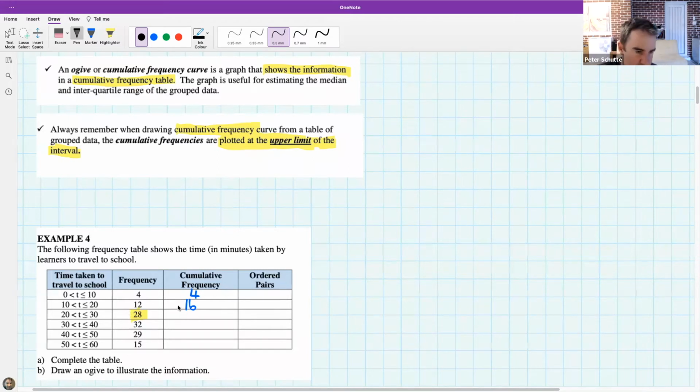So what I was thinking is, shouldn't we add 16 and 28 together? What do you get for that? 44. Perfect. Yes. And so, David, using that same idea, what do you think we're going to add to 44 to get the next cumulative frequency?